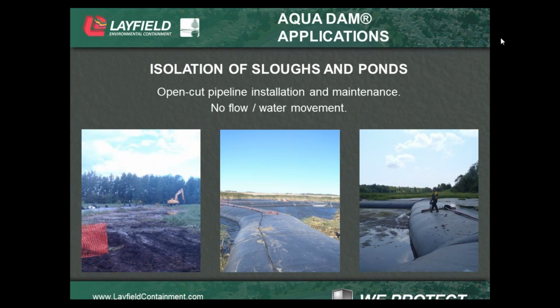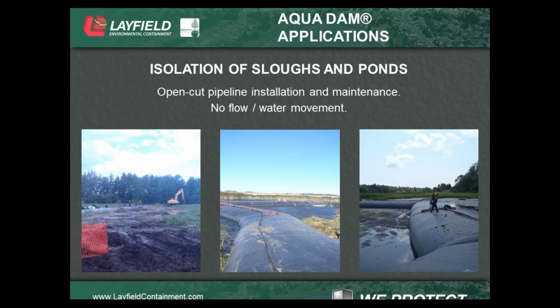You need to isolate that pipe so you can work in the dry to do that maintenance. You put an Aqua Dam in either through the slough, or create a U configuration around the shoreline to isolate your work zone, pump that area out, and now you've got a free dry work area that you can actually do your maintenance.